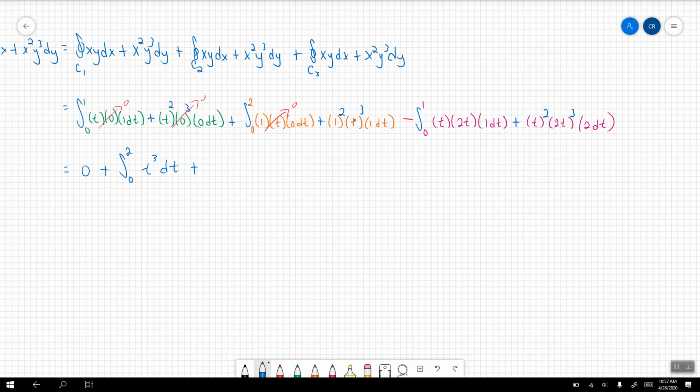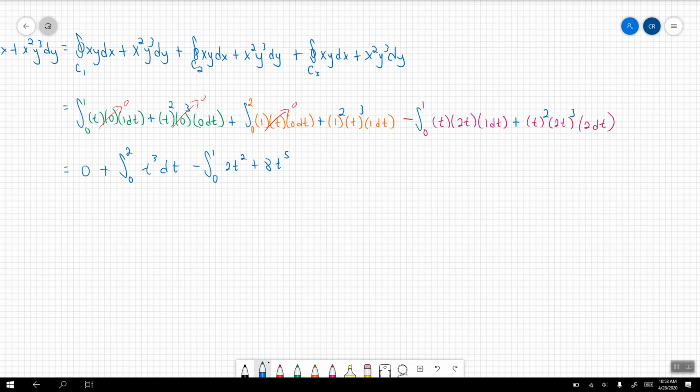Second term, minus the integral from 0 to 1, and this is going to be 2t squared, and then t squared times t cubed, so that's t to the 5th, and then we have a 2 cubed, so that's plus 8 t to the 5th.